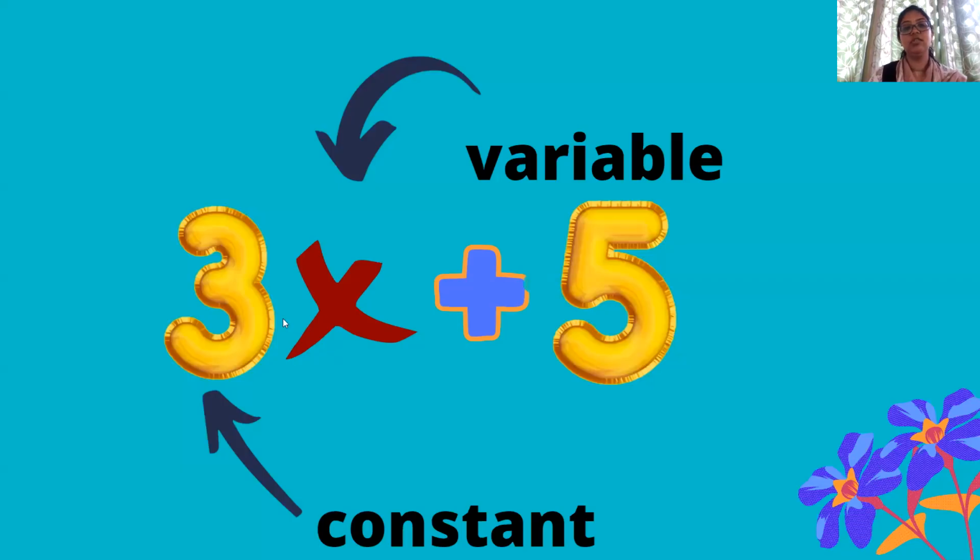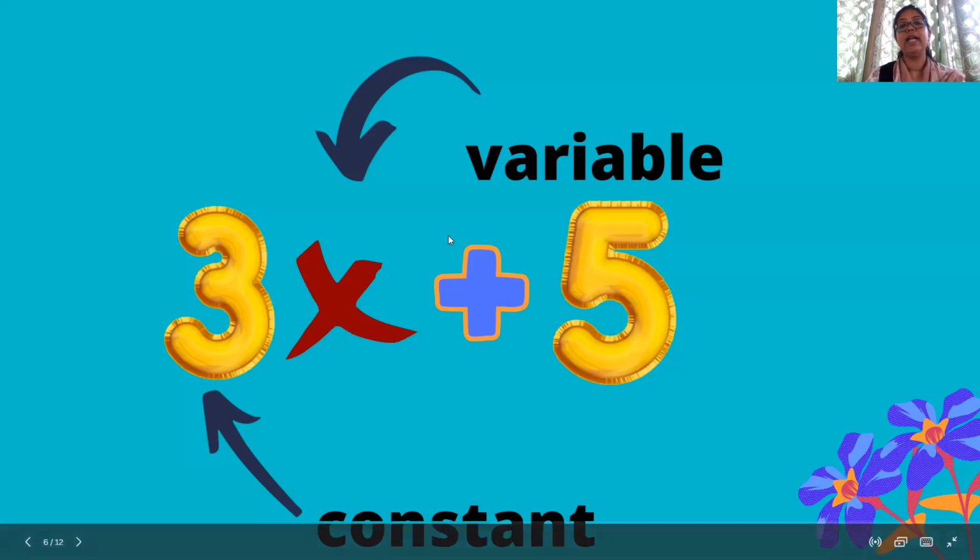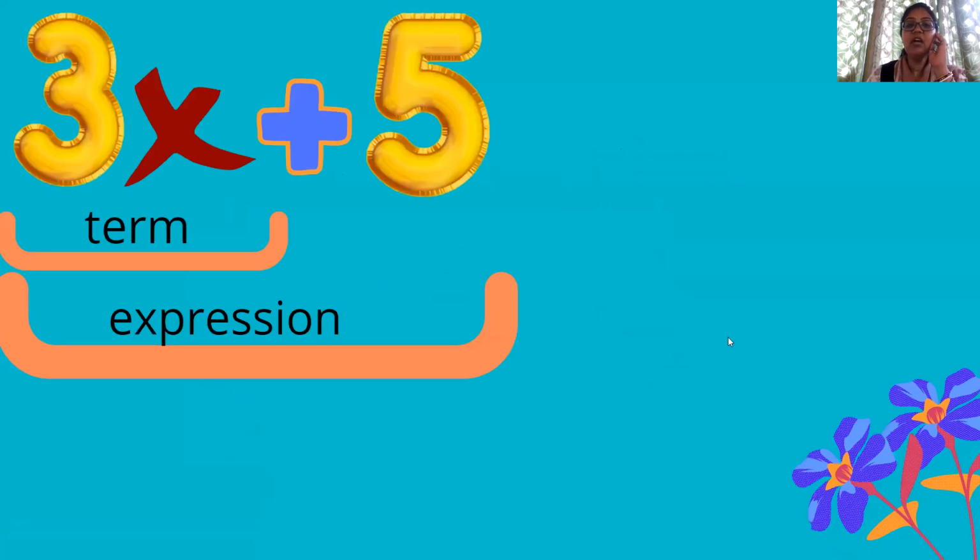All right. So here we have an example, 3x plus 5. So 3 and 5, they are the constant terms, and x is the variable. Now let me tell you what is a term and what is an expression. How do we differentiate between these two? All right. 3x and 5. So this 3x is segregated from 5 with an operation that is plus.